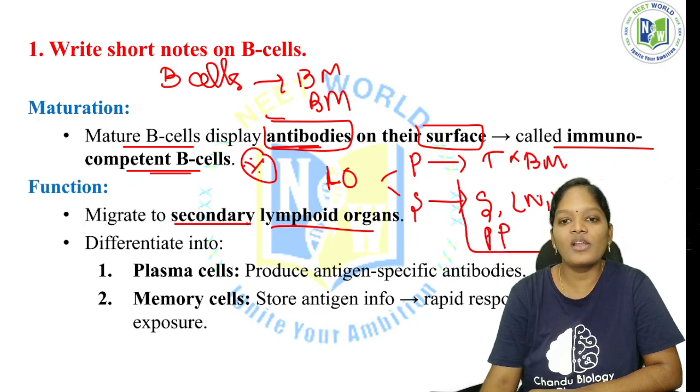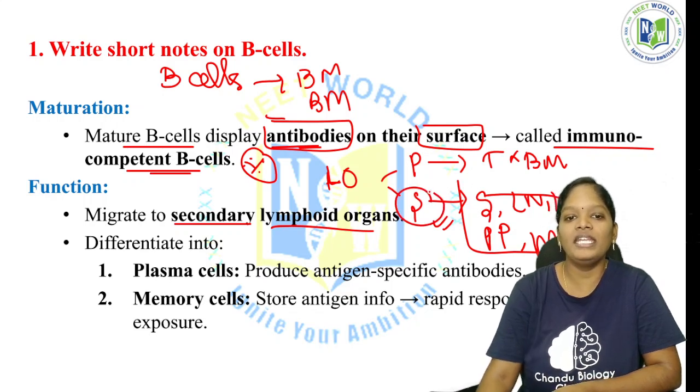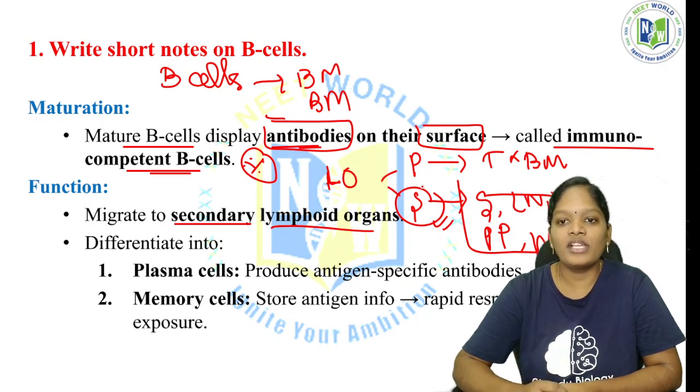Also MALT, mucosa associated lymphoid tissue, and gut associated lymphoid tissue, are secondary lymphoid organs. Once produced in the primary lymphoid organ, the bone marrow, the B cells enter the secondary lymphoid organs.